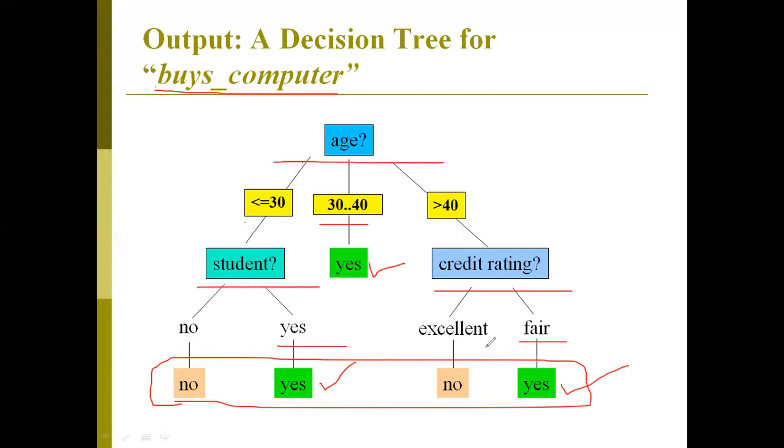After constructing this decision tree, if you have a set of data, you apply it on this decision tree to test the accuracy of the tree. If all the records are correctly classified, then it is an accurate one. Otherwise, it is not that accurate. This is the example for a decision tree.